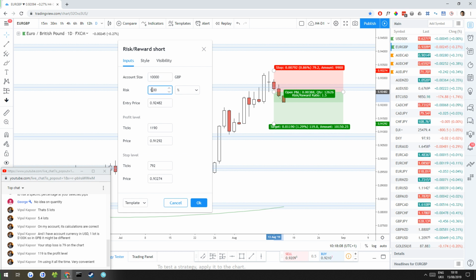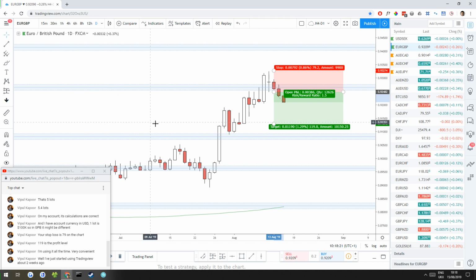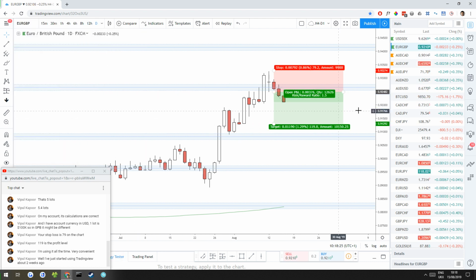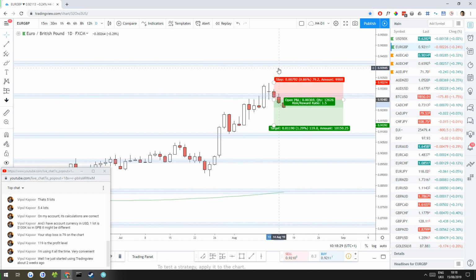That's new, right? Surely that's new. I mean, this changed since yesterday. There's no way it was like that yesterday because we were using this tool yesterday. It's possible that I didn't double click on it yesterday.